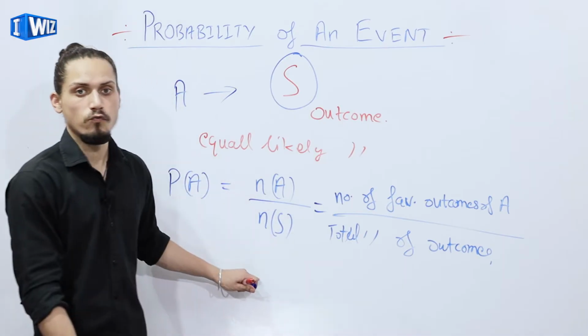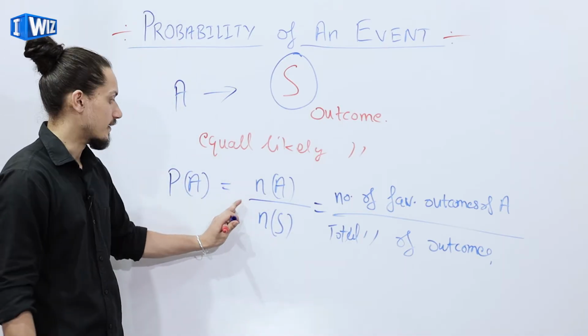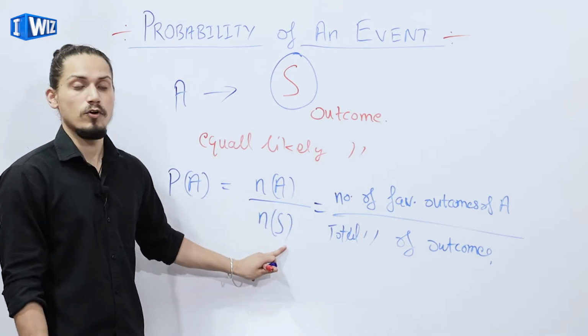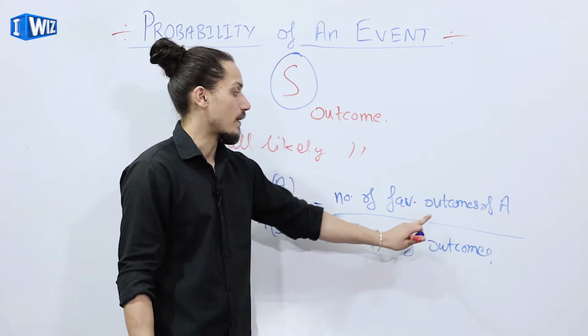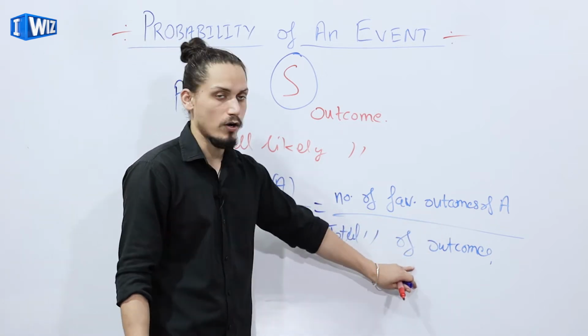This is the formula to find the probability of an event.